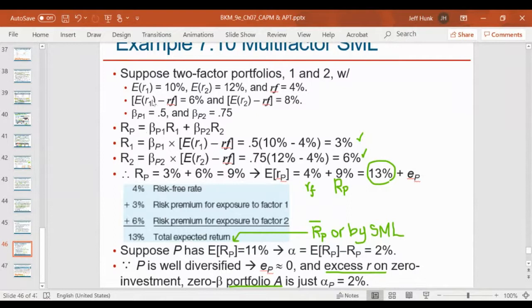And our beta on the first factor is found to be 0.5, and the second beta is 0.75.